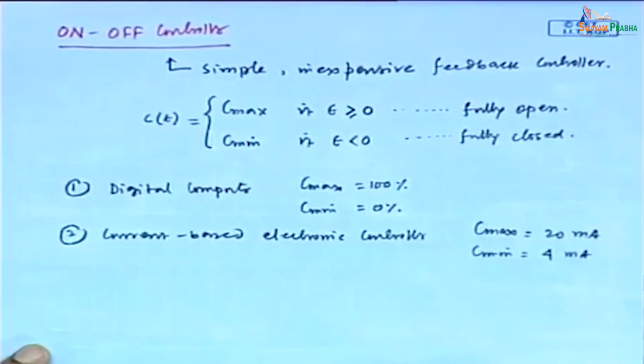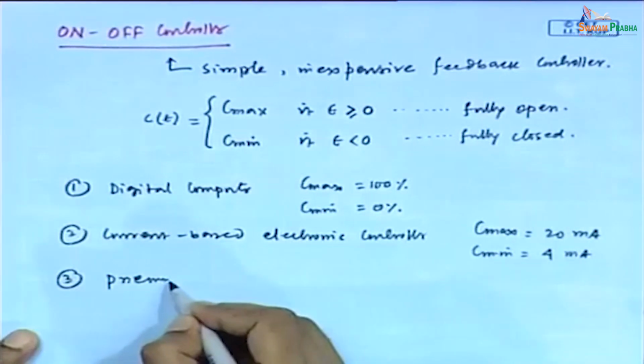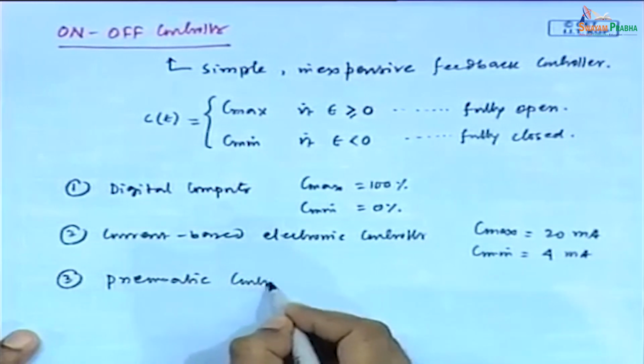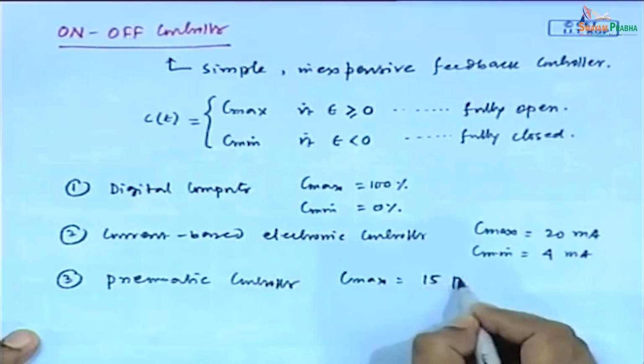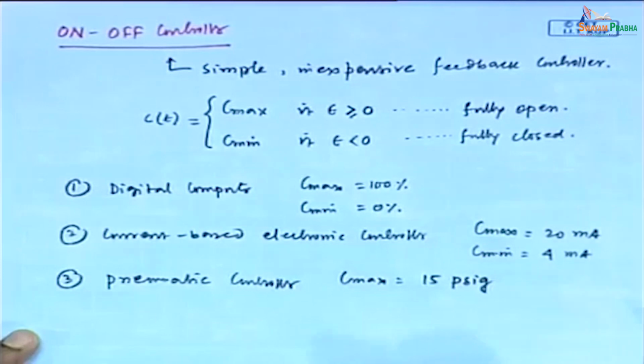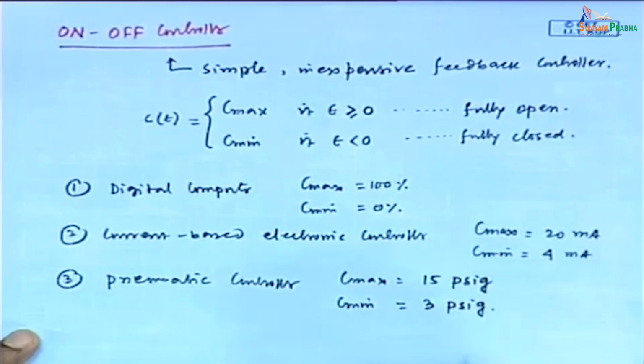Similarly, if we consider a pneumatic controller, the maximum value is 15 psig gauge pressure and the minimum value is 3 psig.